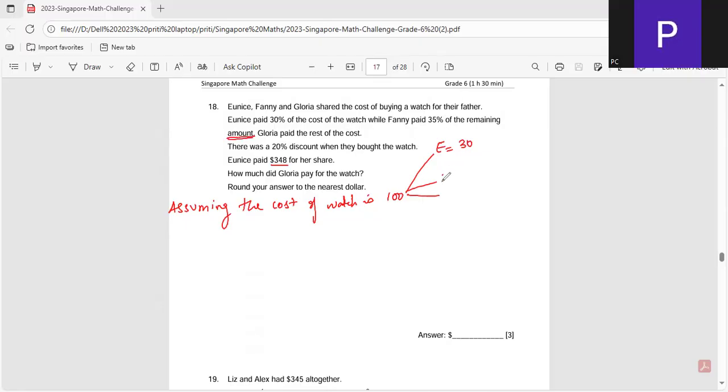So how much was remaining? We do 100 minus 30, so 70. So 35% of 70 is 35 into 7 divided by 10. So Fanny paid 24.5, whereas Gloria paid the rest of the cost.